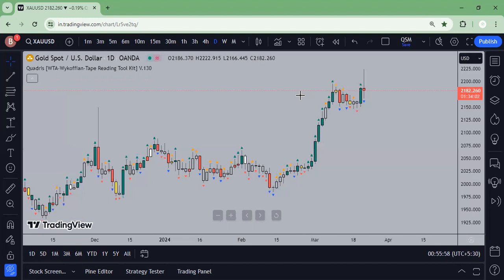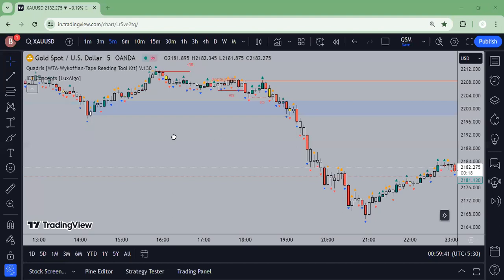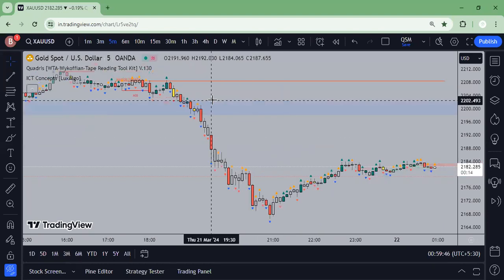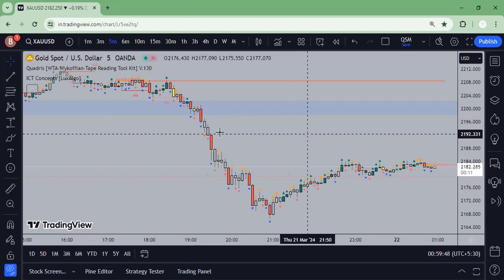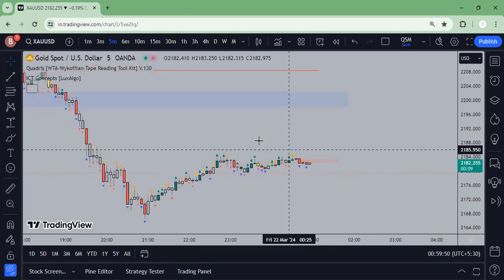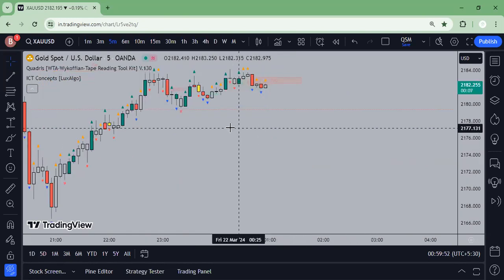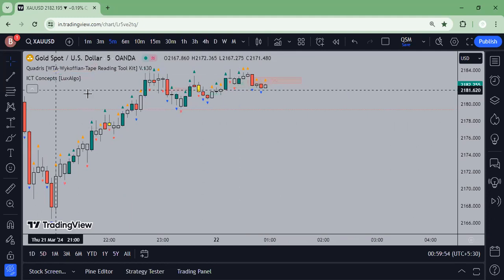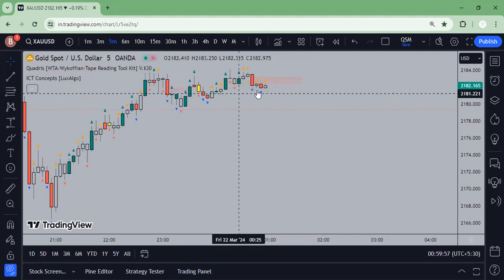So tape reading is nothing but identifying demand and supply, which side has greater power to pull the market upwards or downwards. If demand is greater, price will go upwards, and if supply is greater, it will go downwards. So this is how you can apply it with ICT concepts by Lux Algo.